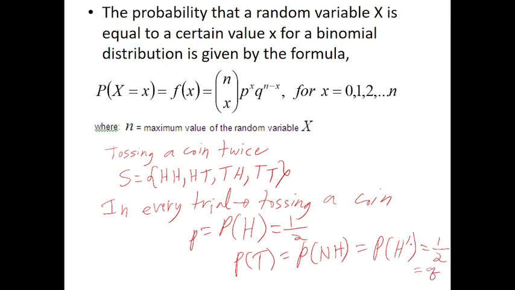P of H prime, not getting a head, is the probability of failure denoted by q, because your probability of success is denoted by p, which is 1/2. So yun ang ibig sabihin ng p and q. Okay, so apply natin yung topic na to sa isang exam, sa mga examples natin.